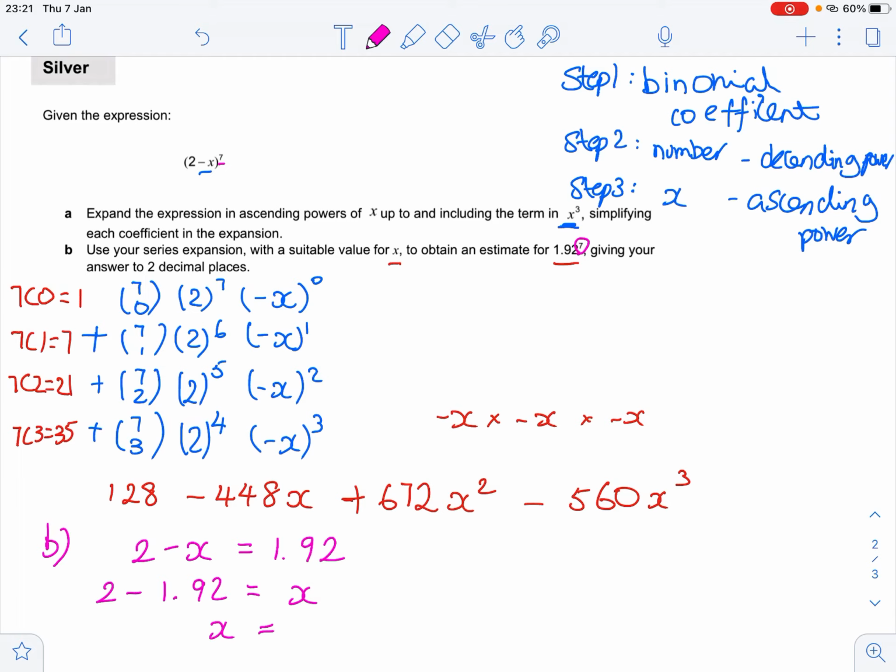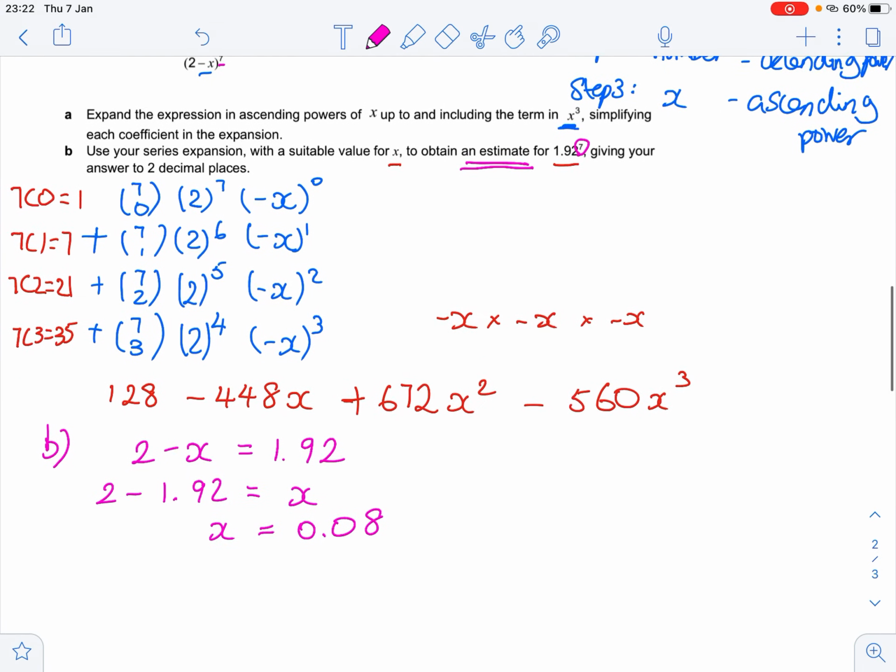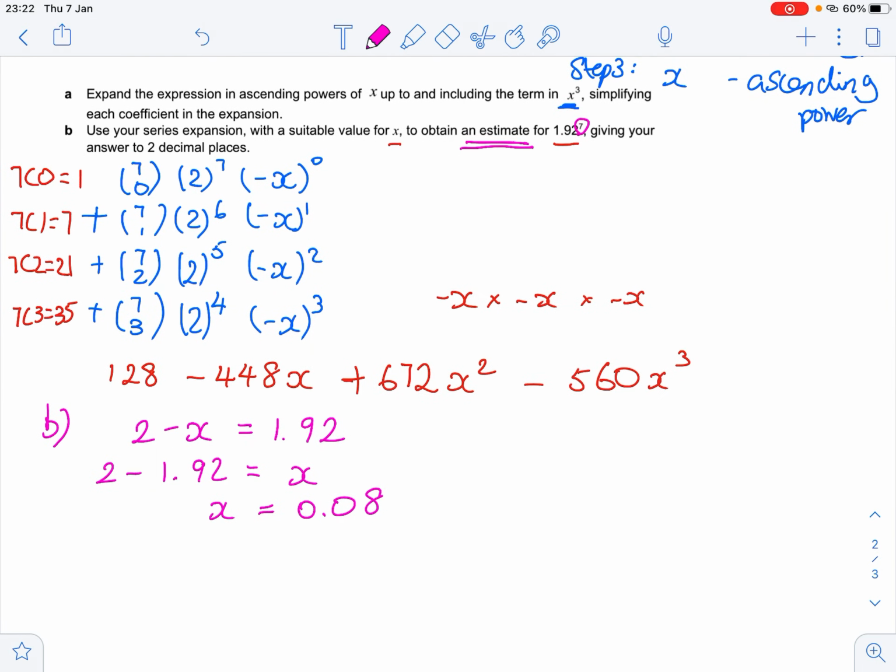So I know x must equal 0.08. So we only want to estimate using the expression we found from part A. So basically, we're just substituting the value into the equation.